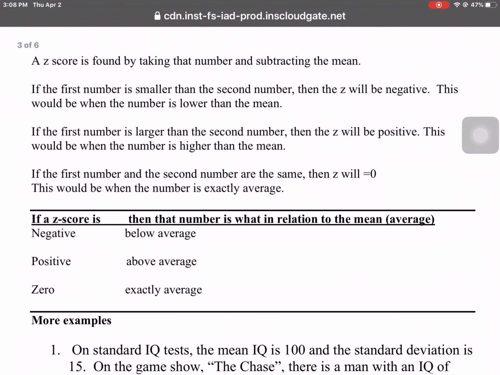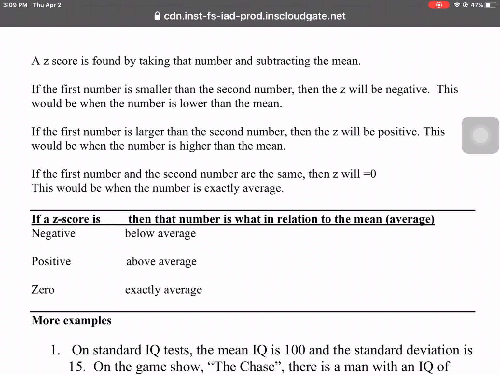Okay, so a z-score is found by taking a number and subtracting the mean. If the first number is smaller than the second number, it'll be negative. So this would be when the number's lower than average. If you subtract and get a negative, that's because the first number is smaller. What if you subtract and get a positive? That's when the first number's bigger than the second.